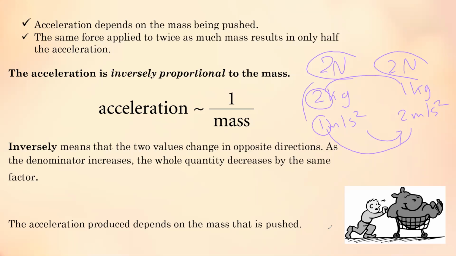That's why 2 times 1 or 1 times 2 is equal to 2. So what does it mean? That means the acceleration is inversely proportional to the mass.